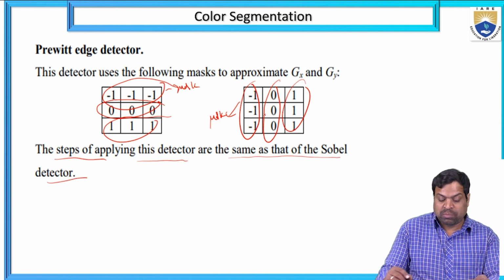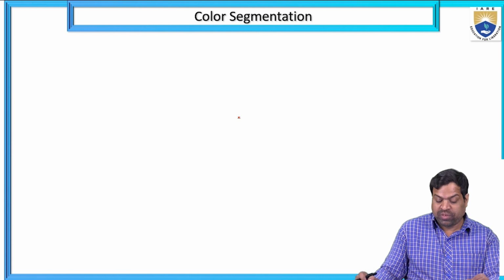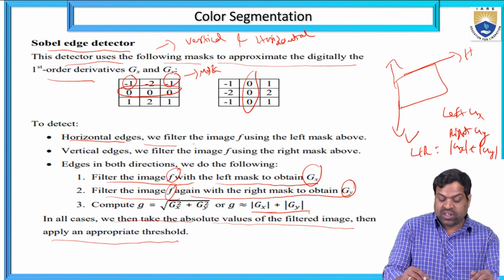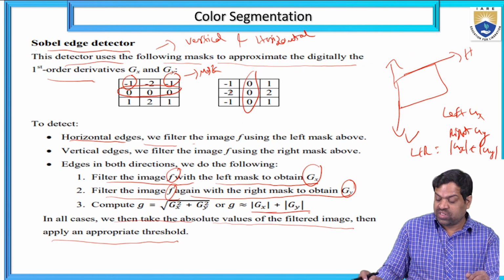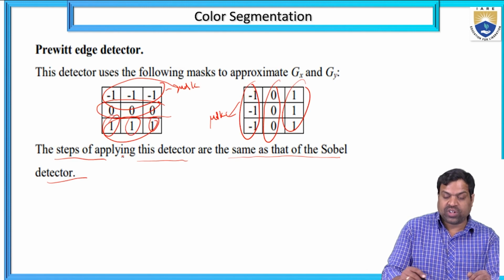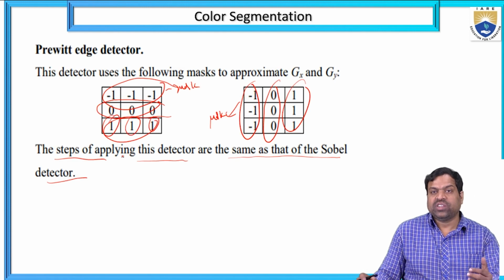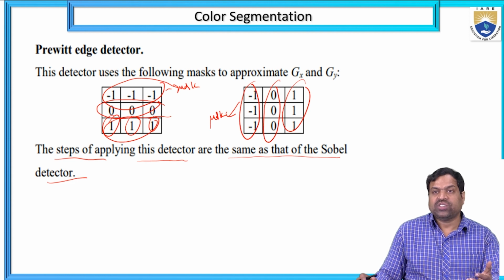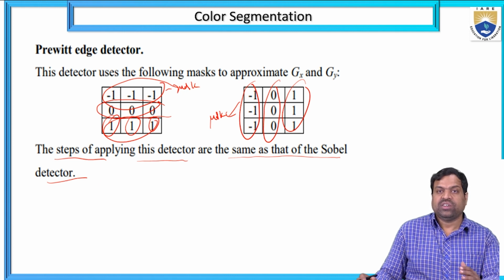But what is the highlight? In Sobel we can see the -2 highlighting the center, but here I am taking only the values 1. So the mask has horizontal and vertical values, and we are finding the edges of the image.